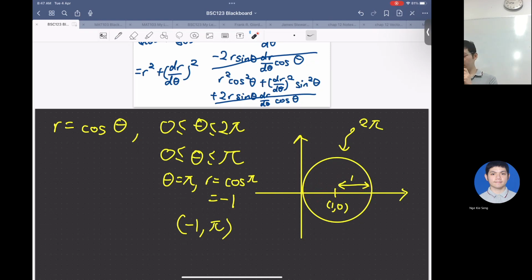So when theta equals pi, you actually reach this point already. This means it's 0 to pi here. If you go pi to 2 pi, you will loop around again, so you loop twice. Now I just want to loop once. Make sense?